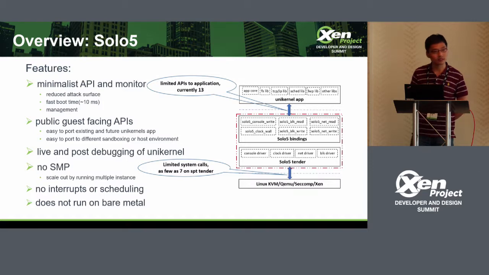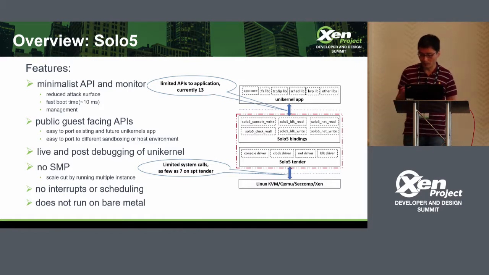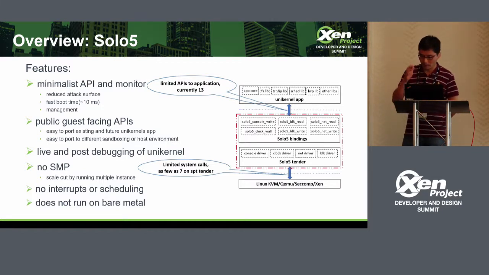And the SPT tender, which means sandboxed process tender, is responsible for loading the Unikernel into memory and installing a seccomp filter, and finally passing control to the application. The seccomp filter is a strict whitelist, allowing access to a minimum set of system calls which is required to run the application.